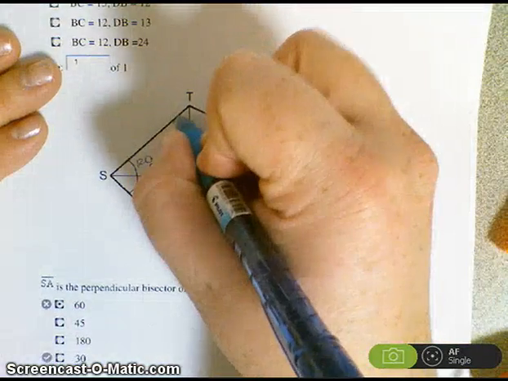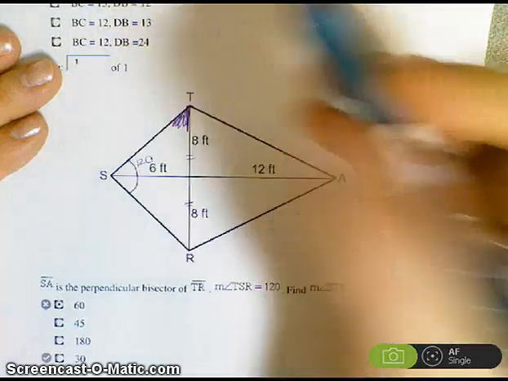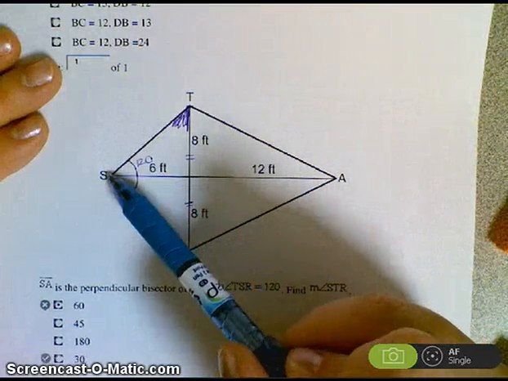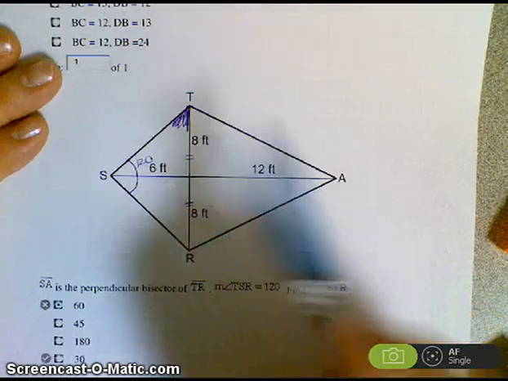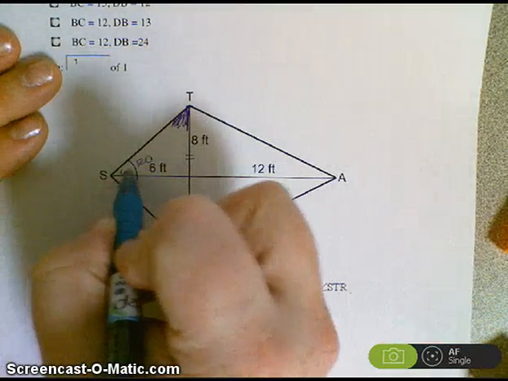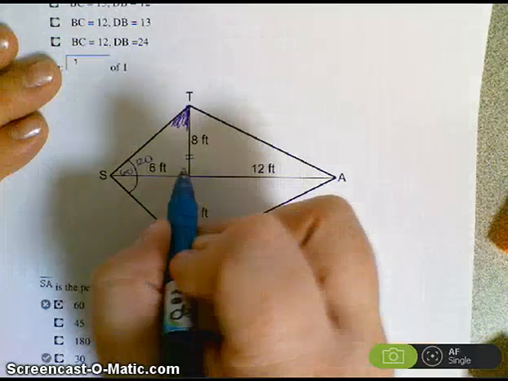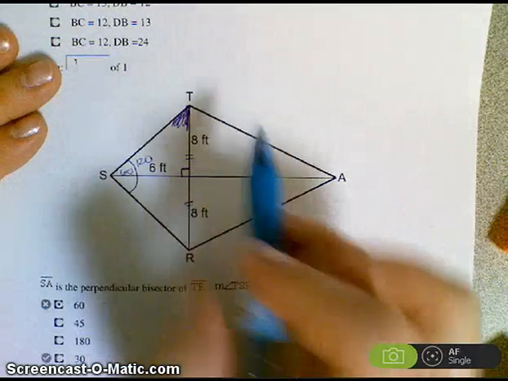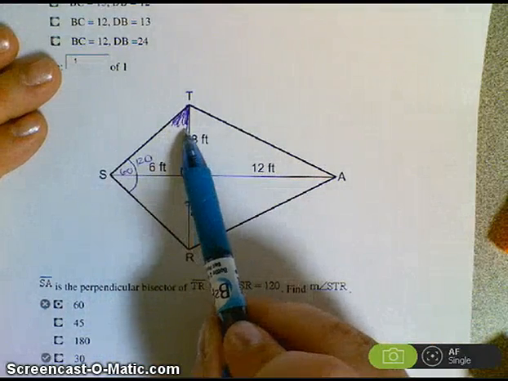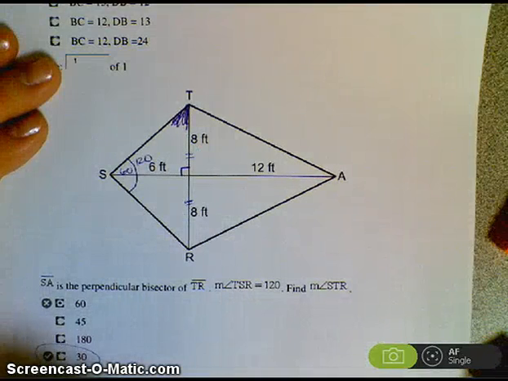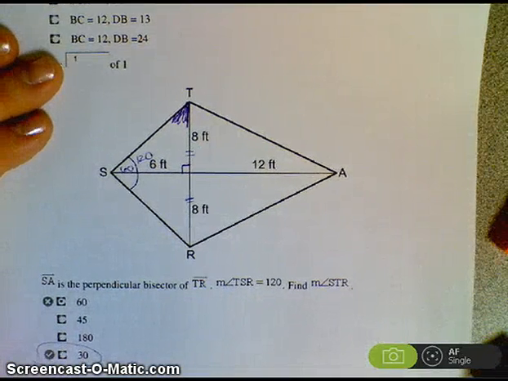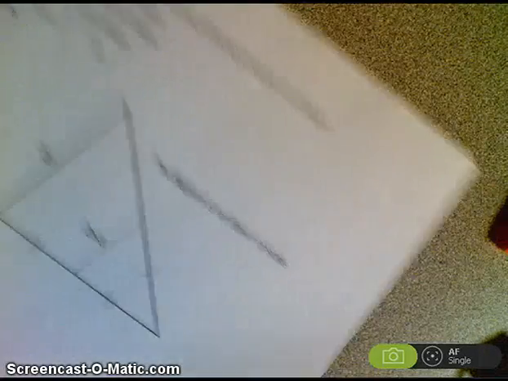So we're looking for this angle here, from S to T to R. If this is a bisector, that makes this 60 degrees. Here is your 90, leaving that top angle as 30 degrees, since all the angles in a triangle add up to 180. I hope that helped.